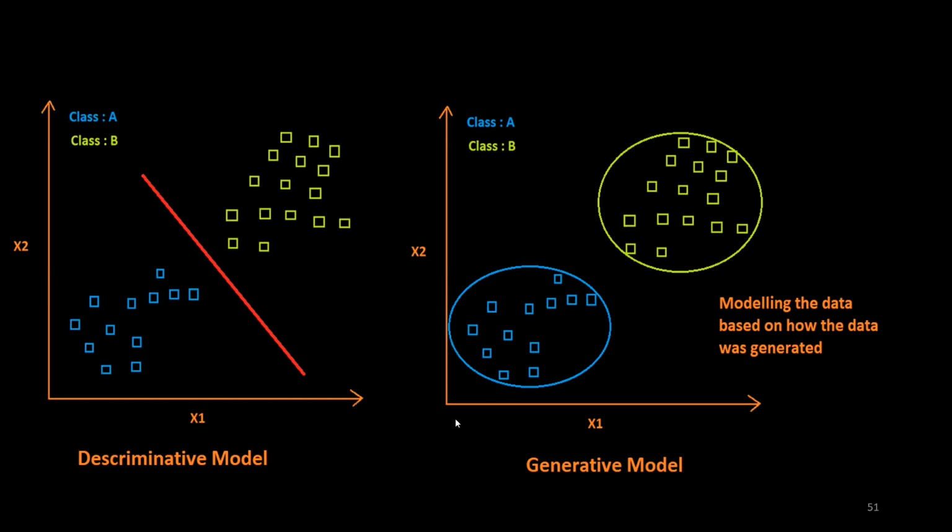On the other hand, the generative model is interested in the distribution, and it classifies the data, or models the data, based on how the data was generated and to which distribution it belongs, especially the Gaussian distribution or any other kind of distribution. So the discriminative model just draws a boundary in order to perform the classification, while the generative model models the data based on how the data was generated and to which distribution the data belongs.